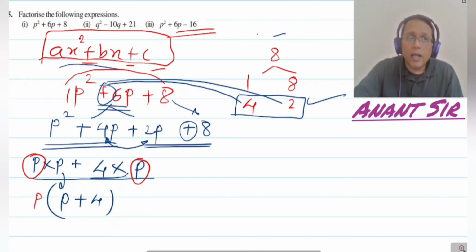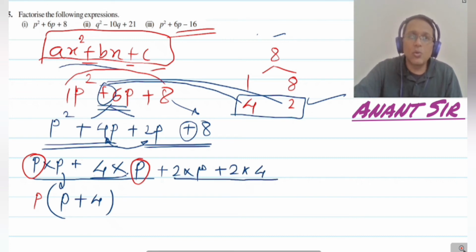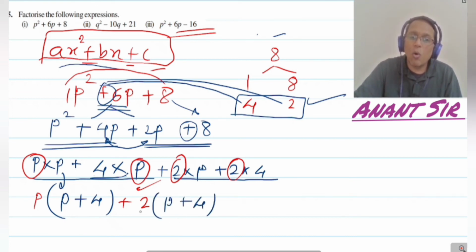Okay. Now what to do for the third and fourth terms? 2p can be written as 2 into p and 8 will be written as 2 times 4. In the last two terms, what can I take common? I can take 2 common. What is the sign? Plus. So if I take 2 common, what will remain inside the bracket? It will be p plus 4.